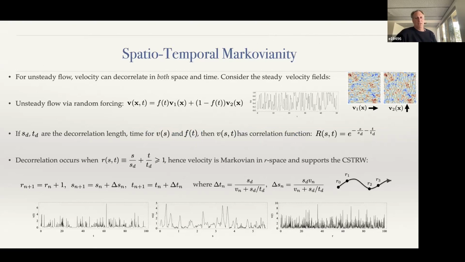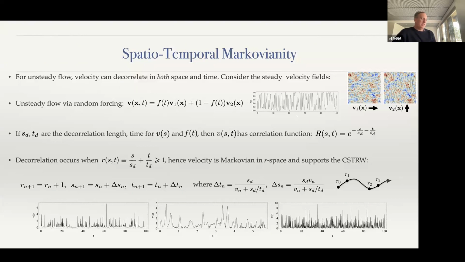If we have 2 steady flow velocity fields, V1 and V2, and we construct an artificial unsteady flow via random forcing between those two, well, then there is 2 means of decorrelation for a fluid particle. So the velocity of a fluid particle can decorrelate by moving in space in flow V1 or V2, or it can also decorrelate in time based on the switching f of t, the function f of t that controls the switching between the 2 flows.